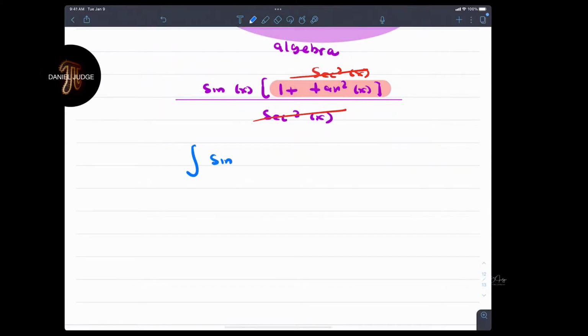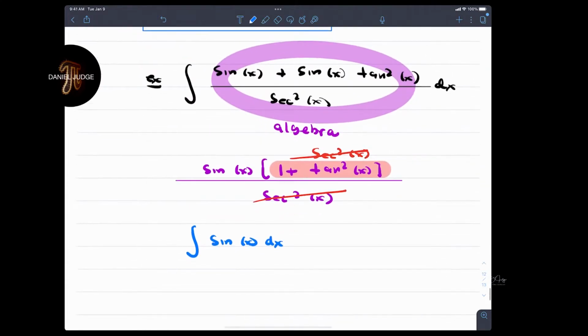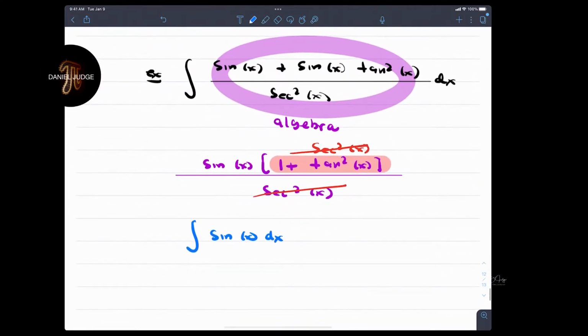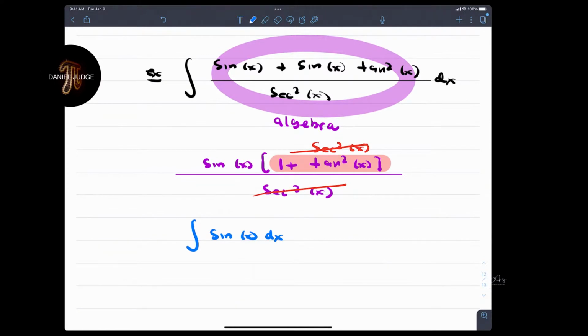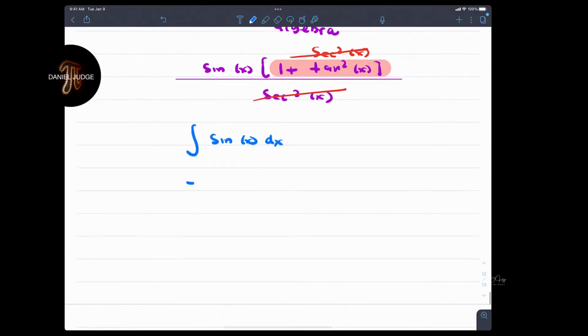So this is just the integral of sine here. And to integrate sine, you might say, what's that integral? It's minus cosine plus c.